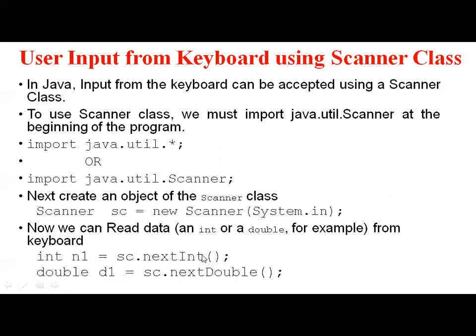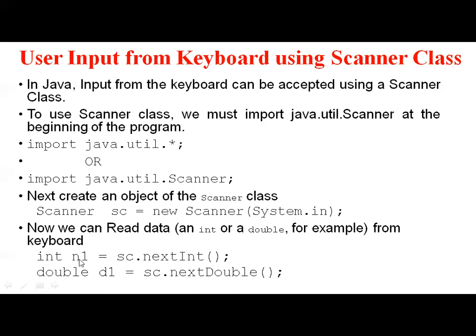See here, nextInt followed by parentheses indicates a method. So object dot method name we use in Java. sc.nextInt() causes the console to wait for an integer, and once you enter an integer number through the keyboard, that will be read and stored into the variable n1. So this is the statement which reads an integer number through the keyboard.